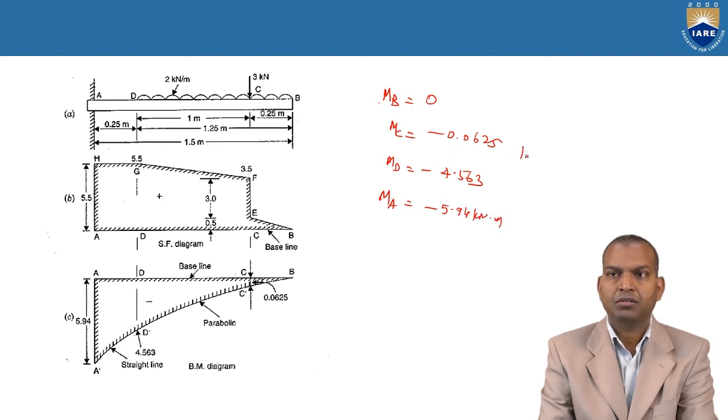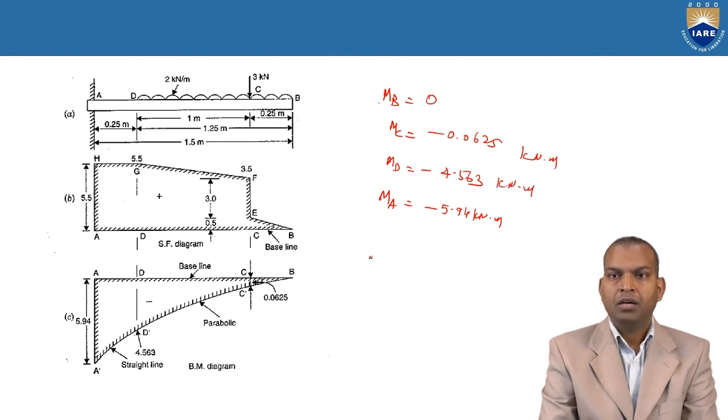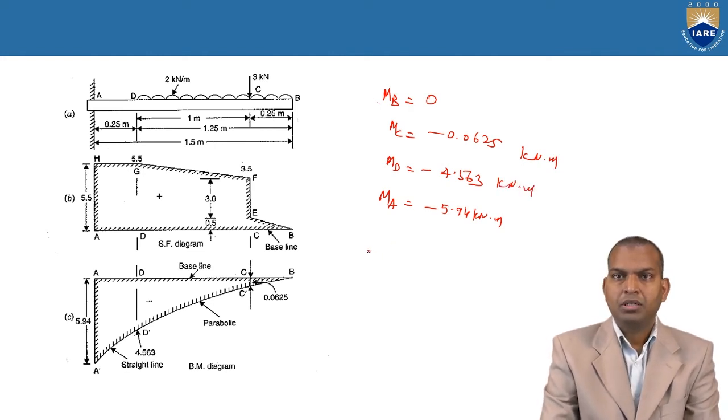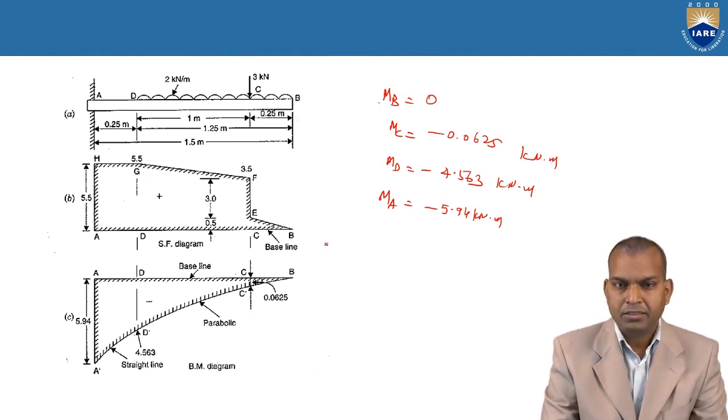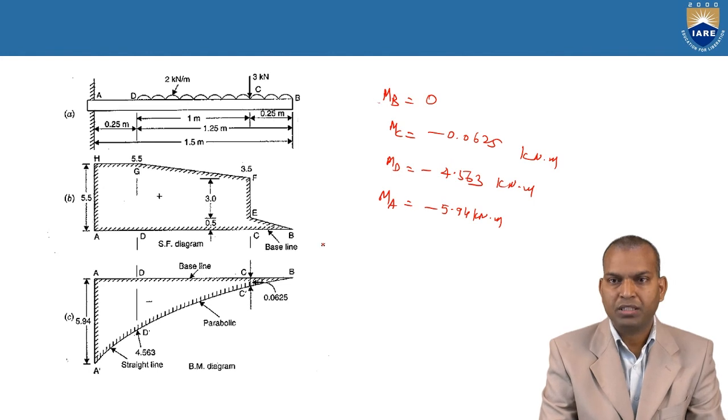Our units are in kilonewton meters. How to draw this? As we have studied the variation of the shear force and bending moment at different loads, how the lines become.